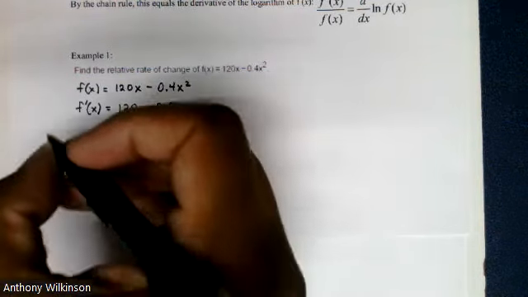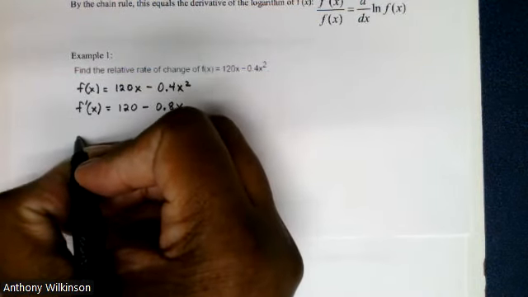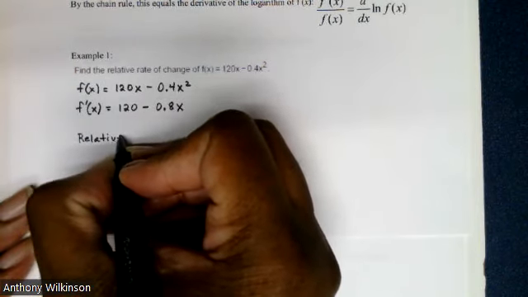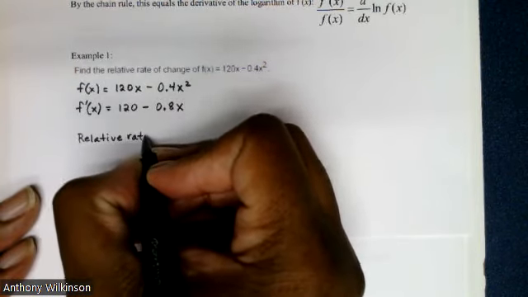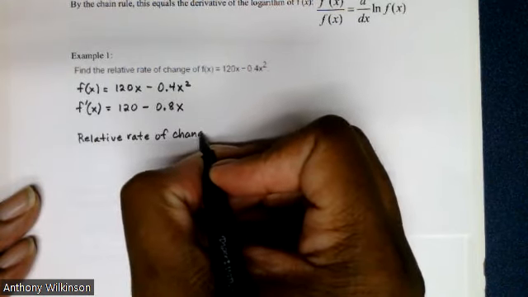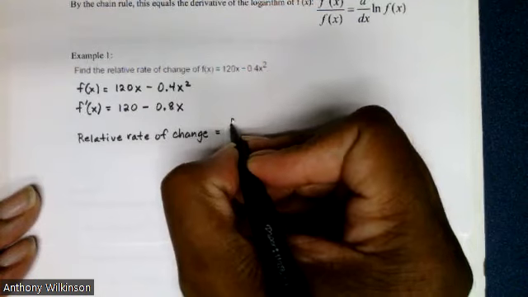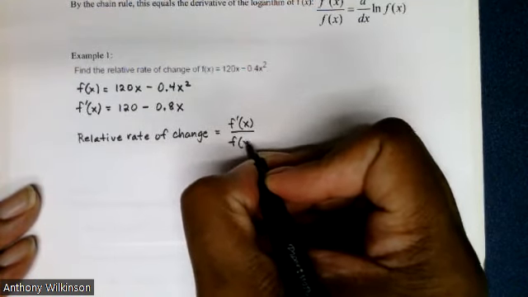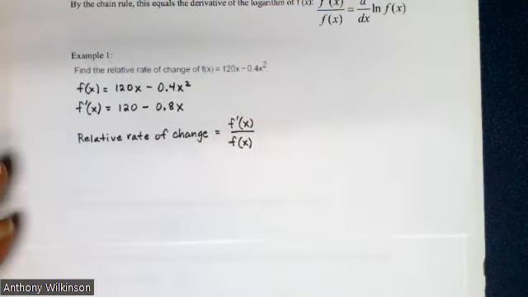All right, so of course, the relative rate of change, as we just got through talking about, of the function f of x is this: f prime of x in the numerator divided by f of x in your denominator.